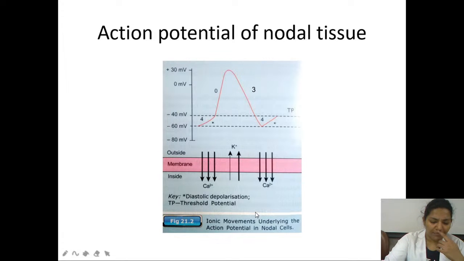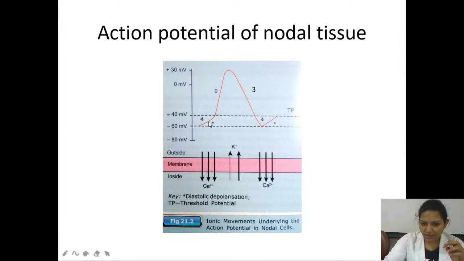So phase 4 in contractile tissue was maintained by the sodium potassium pump, right? Here phase 4 is like a slope because of funny channels. Because of these funny channels, there is a continuous influx of calcium and sodium.